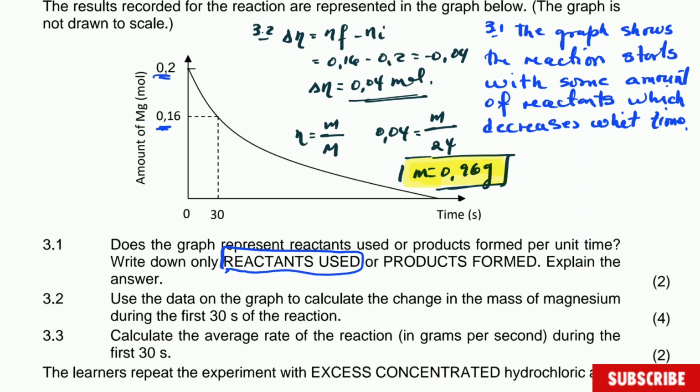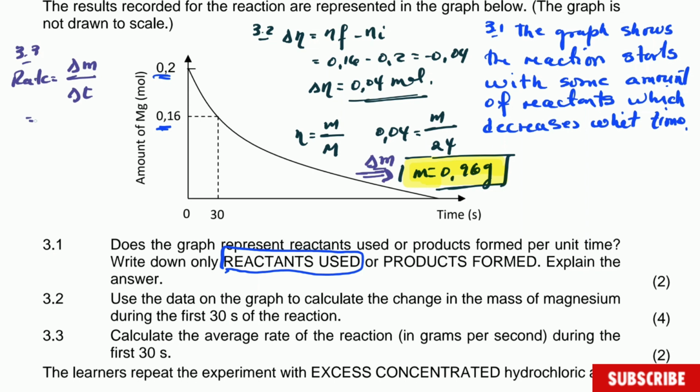Calculate the average rate of the reaction in grams per second during the first 30 seconds. And obviously, now they want to calculate the rate of the reaction. Now that question is 3.3. Rate is equal to change in mass, which is what we calculated here guys. This one here is the change in mass. That is what we calculated there in the 30 seconds, same 30 seconds, per unit time.